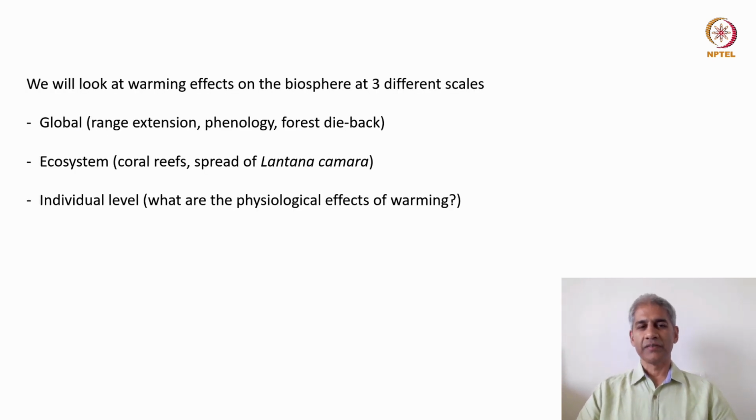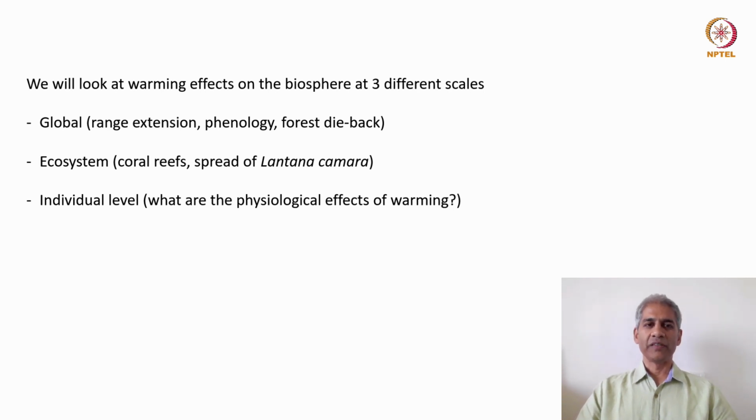In this lecture, we will look at the effects of warming on the biosphere, and we will do so at 3 different scales: the global, the ecosystem level, and the individual level. I should mention that these are categories that we have created for convenience, and they are porous, which means that whatever is happening at the ecosystem level can very well be applied to the global level also.